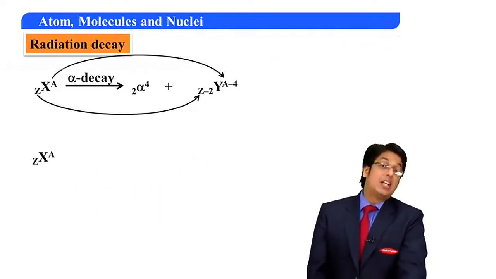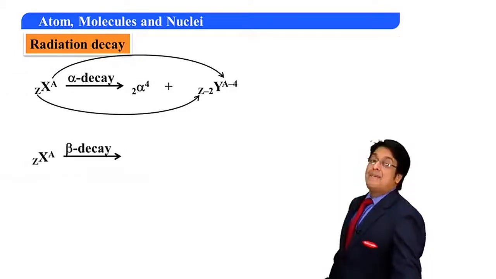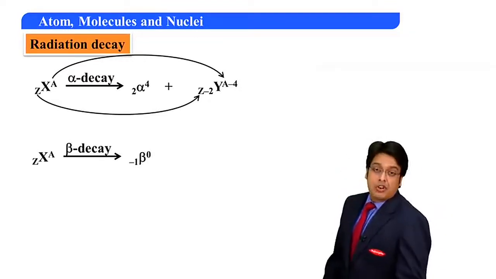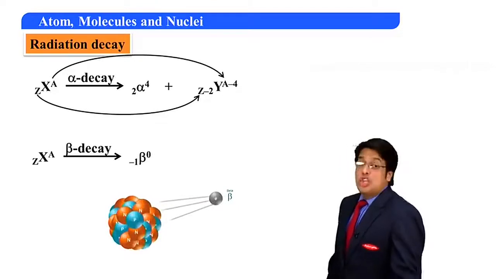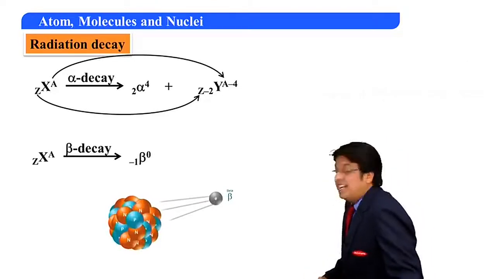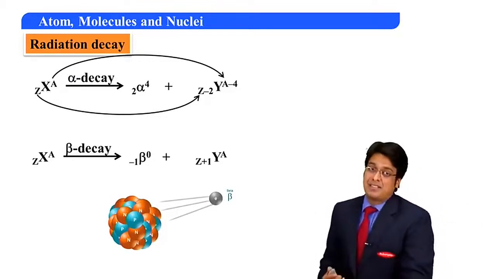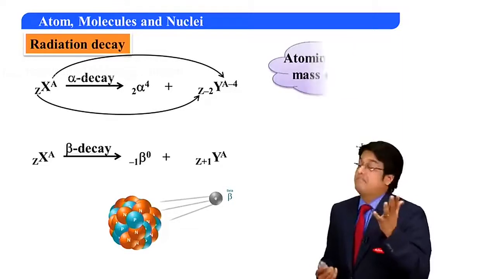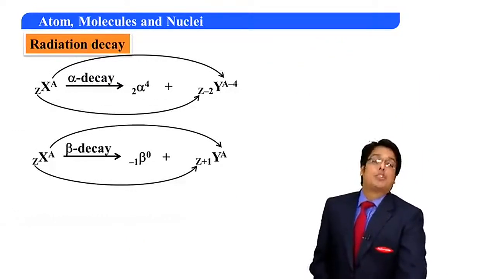Please remember this, very useful for numericals. Similarly, when the element emits a beta particle, an electron with mass number 0 and charge -1, the new nucleus will have the same mass number, but its atomic number increases by 1. Clear enough? So that's what beta decay is all about.